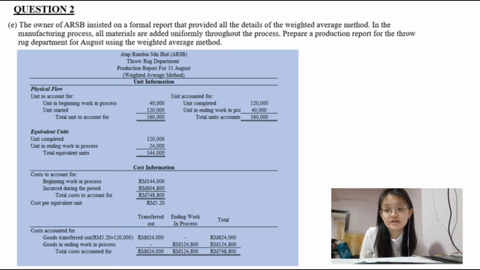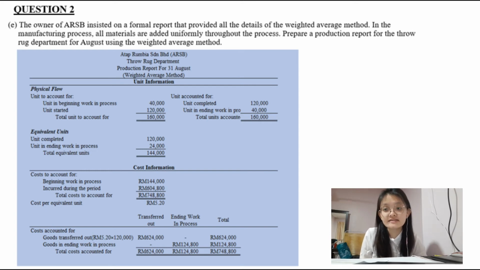So we use the 120,000 to multiply the 5 ringgit 20 cent, then it will be equal to 624,000, which we need to record inside the column of transfer out. And the total will also be 624,000. And the second is the goods in ending work in process.